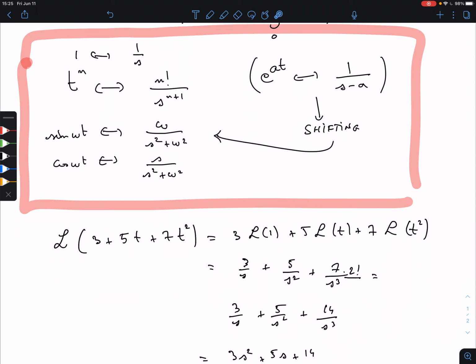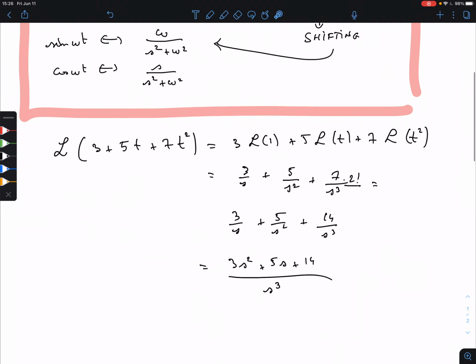So from here, we can go to there, because 1 over s is the Laplace transform of 1, 1 over s squared is the Laplace transform of t, and 2 factorial over s cubed is the Laplace transform of t squared. So we can go in this direction, write down this formula, bring everything inside, and we find the function. Okay, so that's the argument that we're going to use.